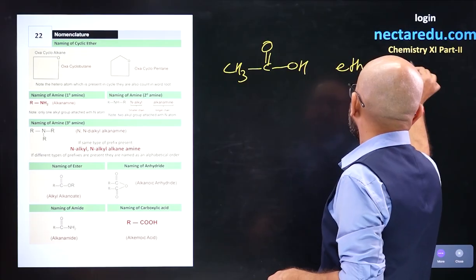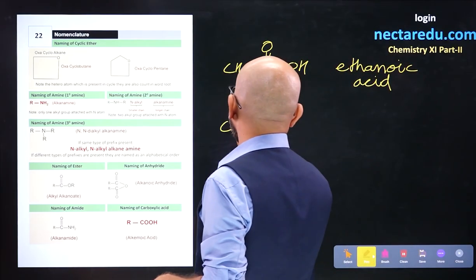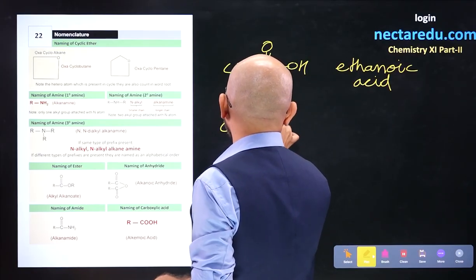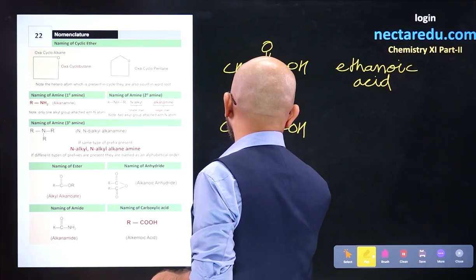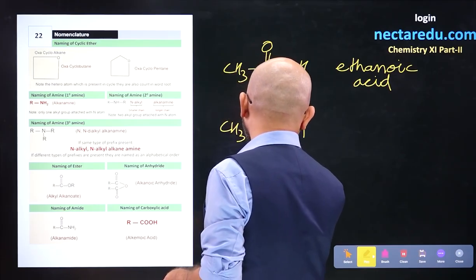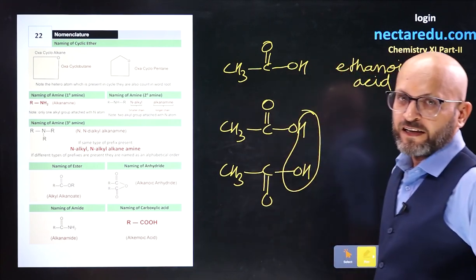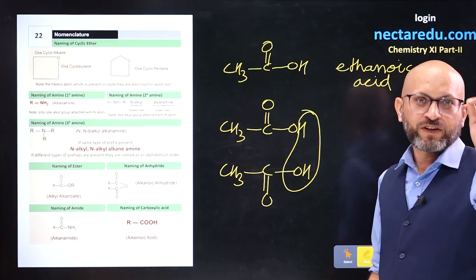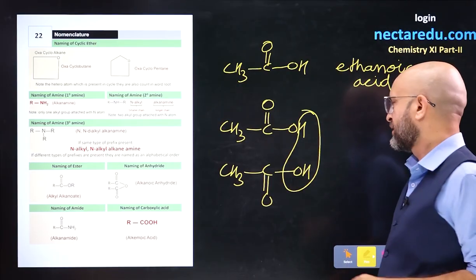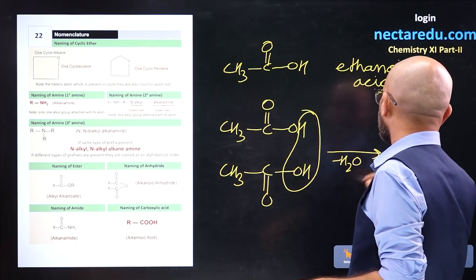Now, if two carboxylic acid molecules combine and one water molecule is removed, then we get anhydride. Alright, so that is how anhydride is formed.